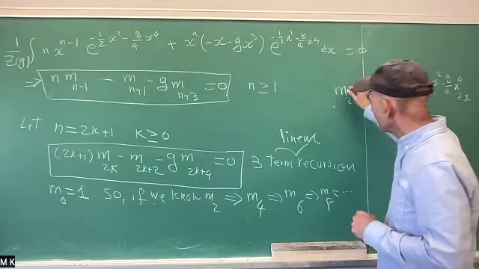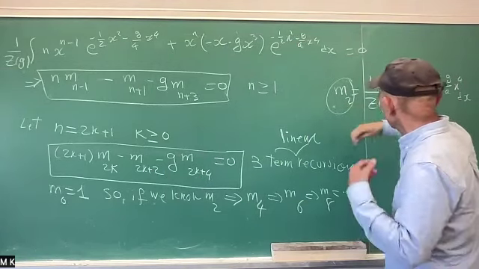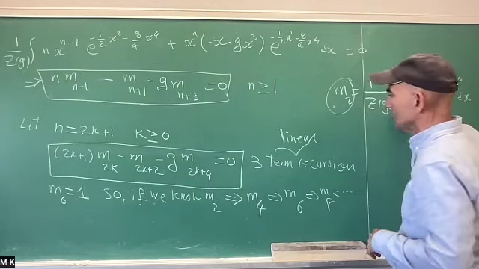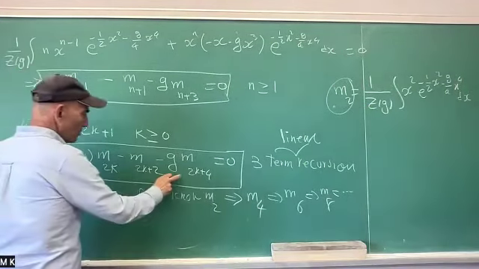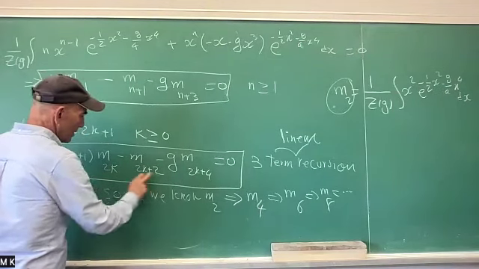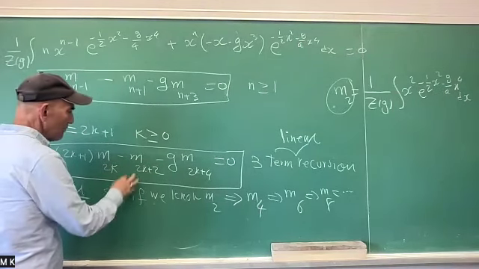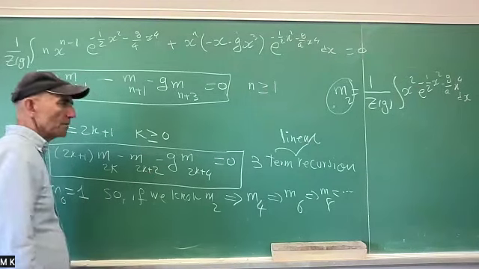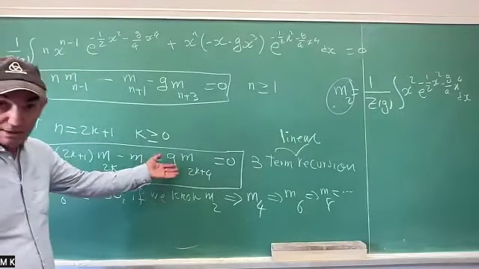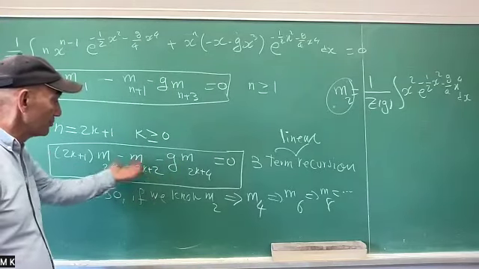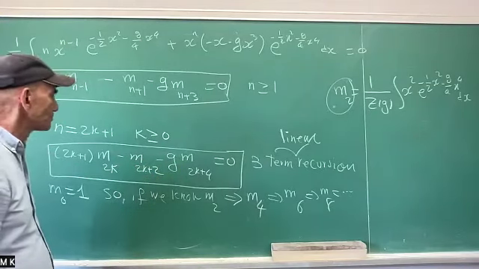So we are supposing that m2 is very hard to compute. So this recursion becomes rather useless if we don't know what m2 is. We have to know what m2 is.